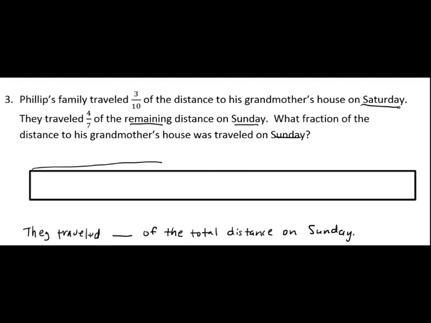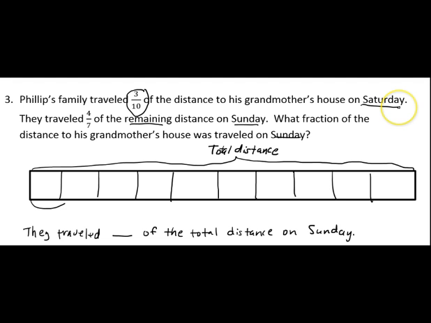We're going to call the tape the whole, or in this case, that would be the total distance. Since they traveled 3/10 on Saturday, I'm going to break the tape into 10 pieces. And we'll show that 3/10 was traveled on Saturday.